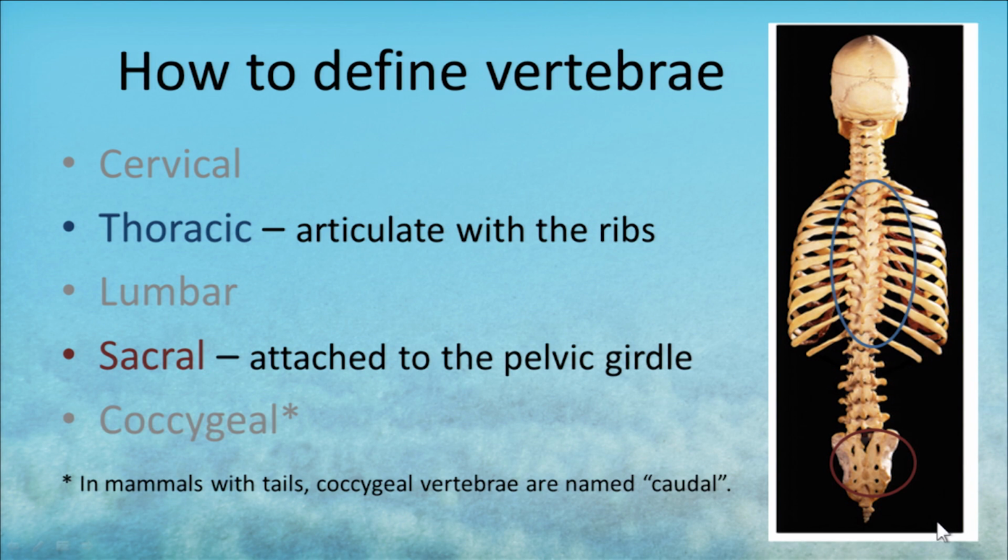In other words, once you've identified the thoracic and the sacral vertebrae, you identify cervical, lumbar, and coccygeal as the ones in between. Now an interesting transition happens. We use coccygeal vertebrae to describe the vertebrae below the sacrum in humans, but we also lack a real tail. So in mammals that have a pronounced tail, the coccygeal vertebrae get a different name, and they're called caudal vertebrae.